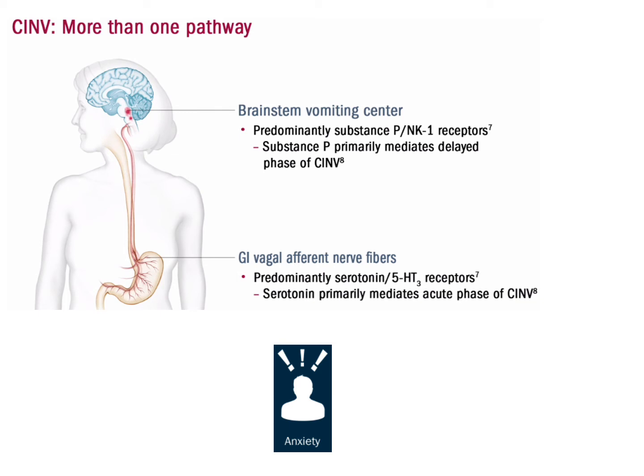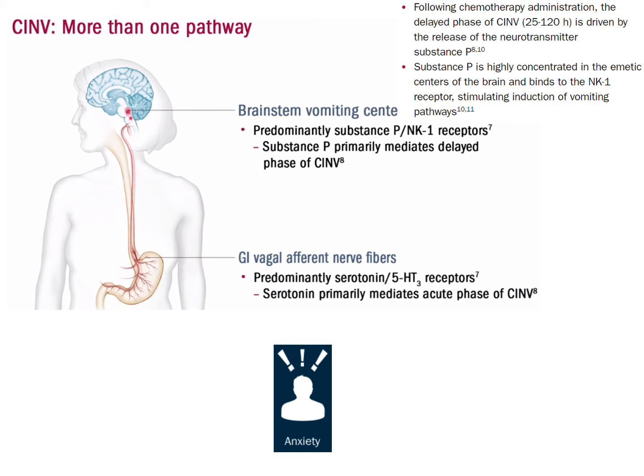In general, as you heard in the clinical part of the class first, there are two phases of CINV: the acute phase and the delayed phase. The acute phase can occur very quickly, within an hour plus or within the first 2 hours.